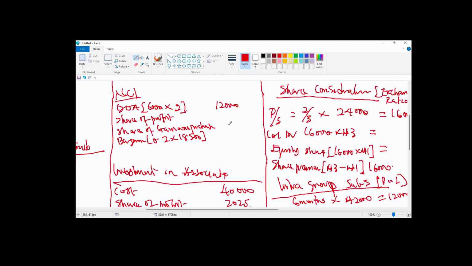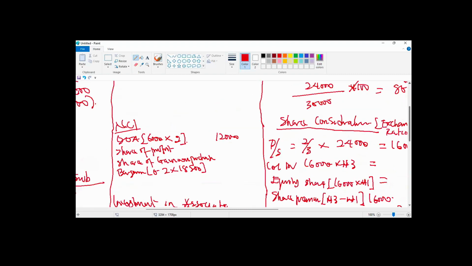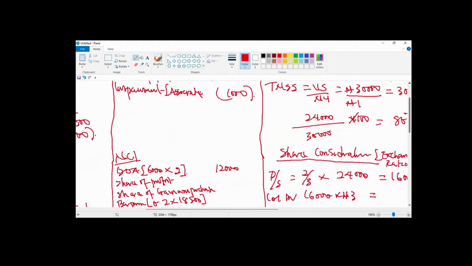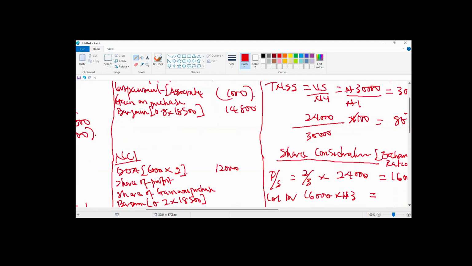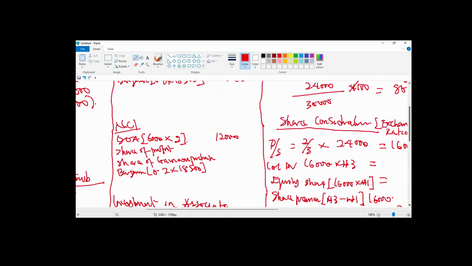Then the parent will also collect the remaining one: gain on purchase bargain 0.8 times 18,500. Give me the figure. 14,800. The NCI income, 3,700.